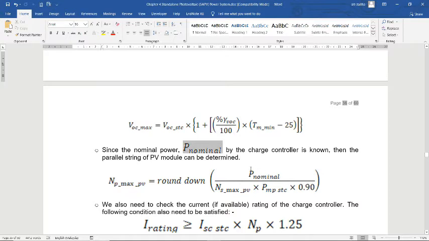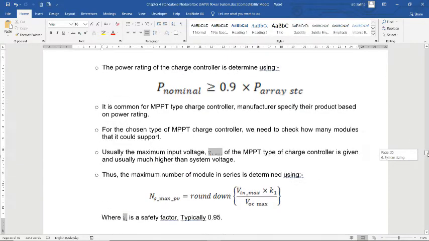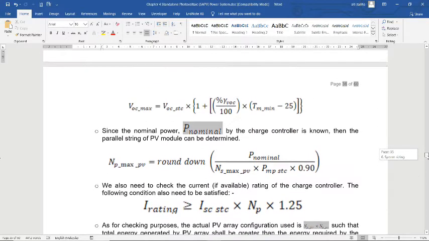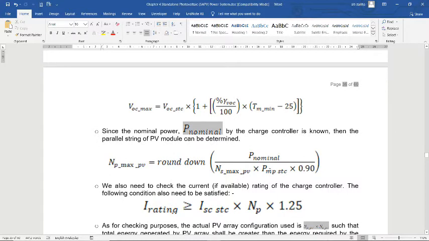So 250 watt you need to divide with NS maximum PV that you already calculate here, from the V in max of your charge controller. Multiply VP and PSTC of the PV module. This is from the datasheet of the PV module. Multiply with 0.90 safety factor.